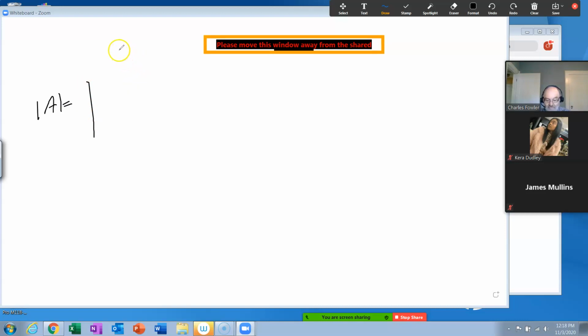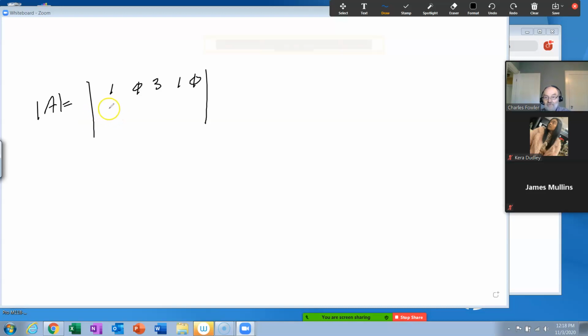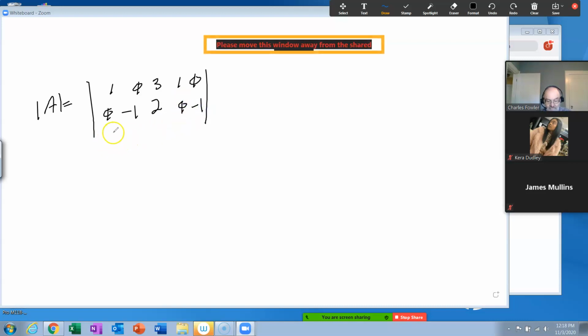The matrix A is 1, 0, 3, and I'm going to repeat the 1, 0; 0, -1, 2; 0, -1; and 2, 1, 0; 2, 1. Now what they wanted is the determinant of the inverse of that matrix.